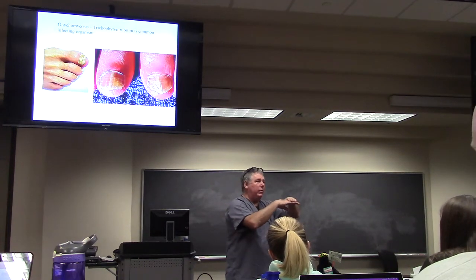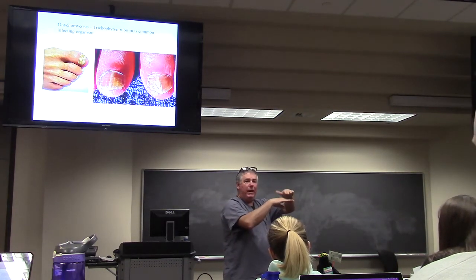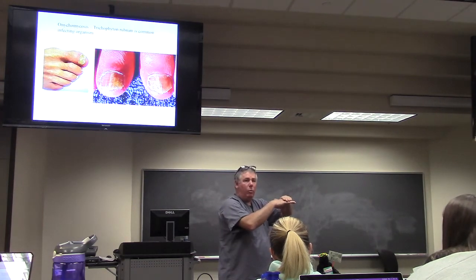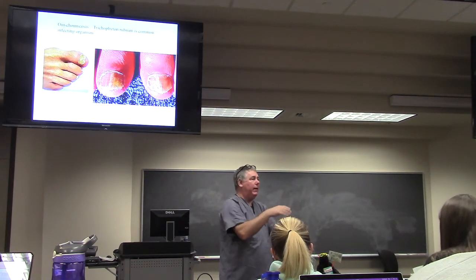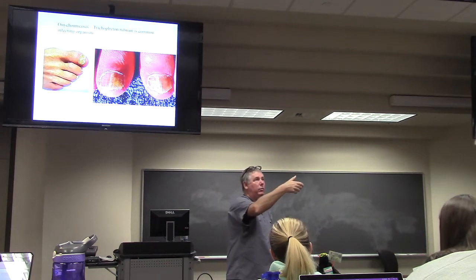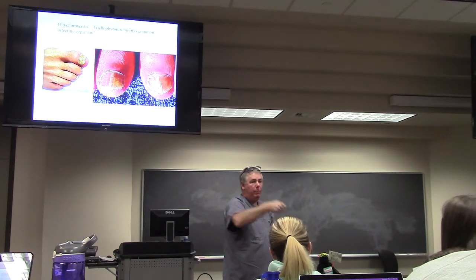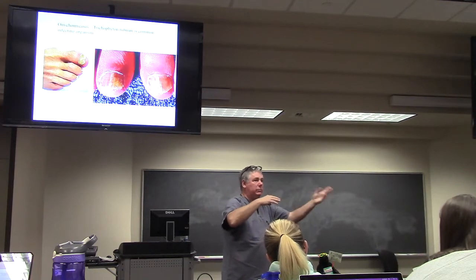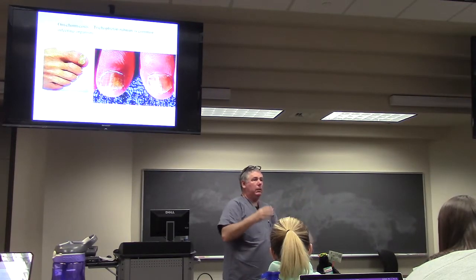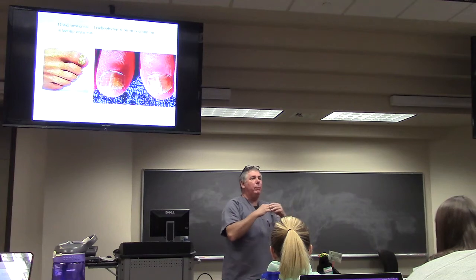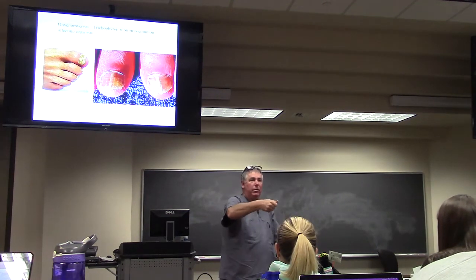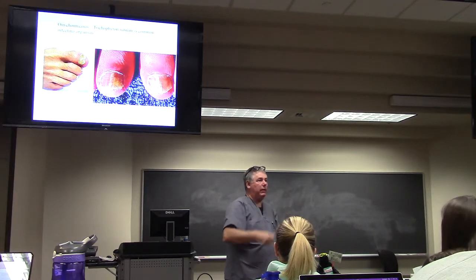So the nail doesn't separate from the bed as easily as a normal nail. The second thing you're going to find is when you take your hemostat and grab the nail to pull it off, the nail will usually just shatter, or mush. It mushes. It doesn't shatter like glass. It mushes like you're squeezing a brownie or something.